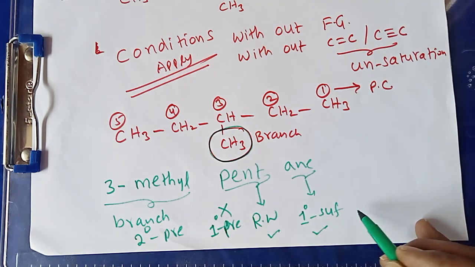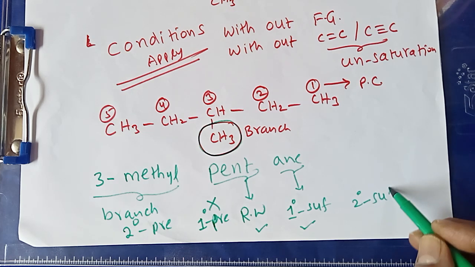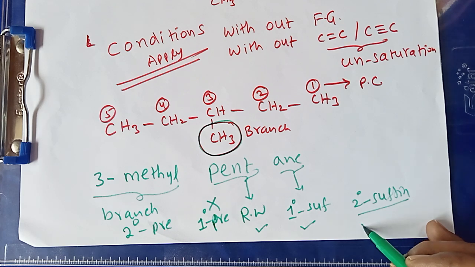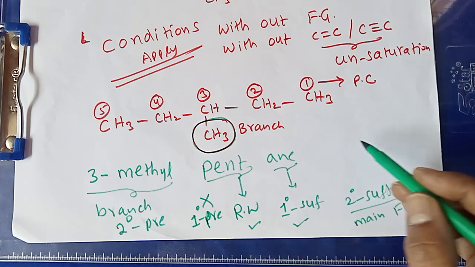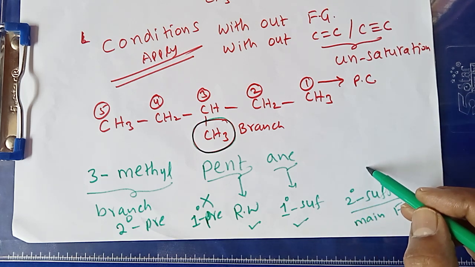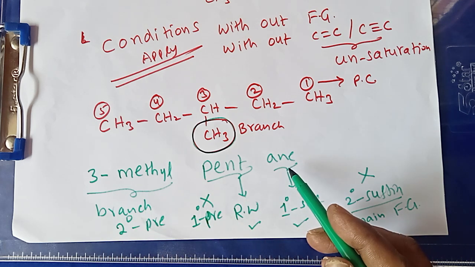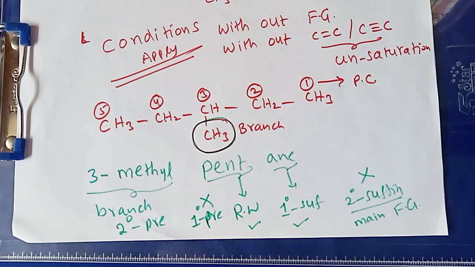Next, secondary suffix, the main functional group, main FG. Here there is no functional group, so there is no secondary suffix. That's why 3-methylpentane is the IUPAC name. In the next video, we go to more IUPAC examples in the same manner.